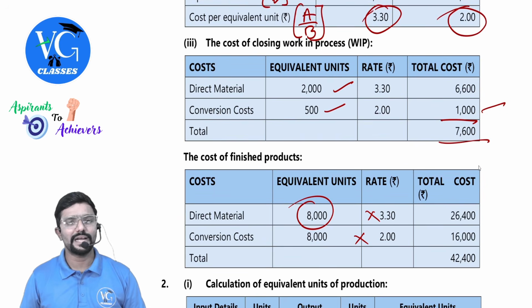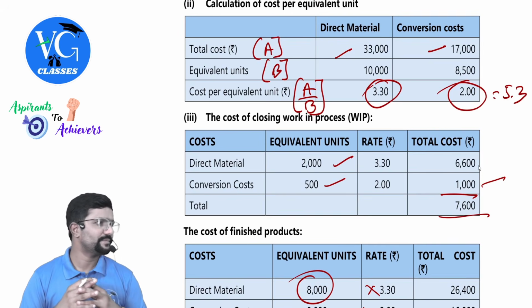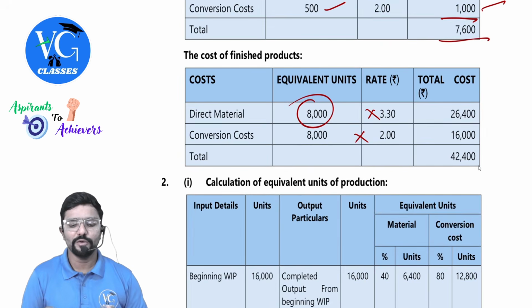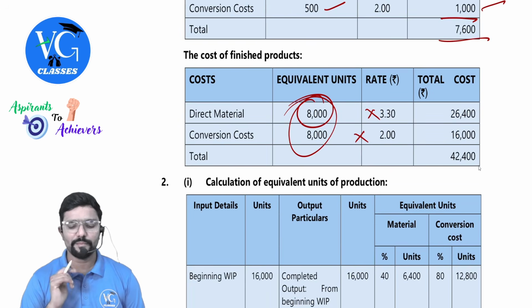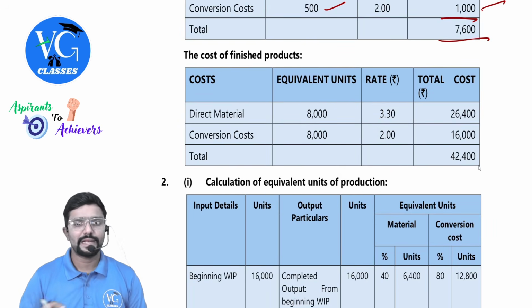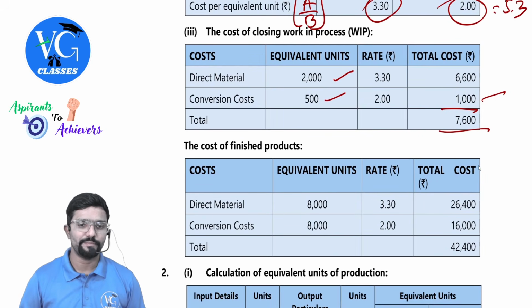For output, what I suggest is to straight away take total 8,000 into 5.3. Sir, can we do like that? Yes, because with respect to both, equivalent units are the same, 100%, so that will not be a problem. We have calculated both cost of output as well as cost of closing WIP.